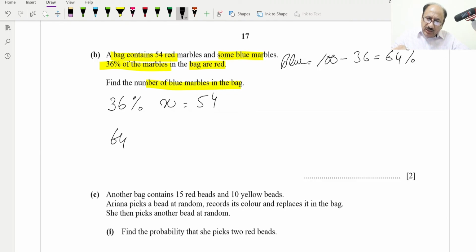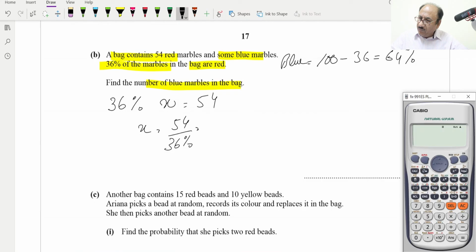So first we can find this 36% of x. So x will be equal to 54 over 36%, and we can use a calculator to find this. 54 divided by 36, with the percentage sign, is equal to 150.